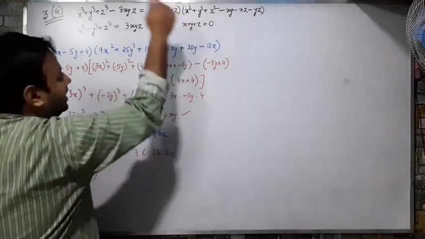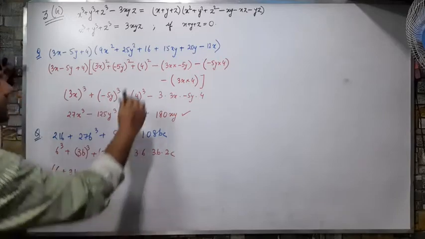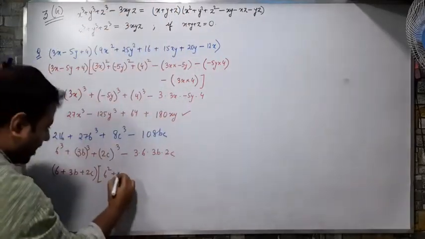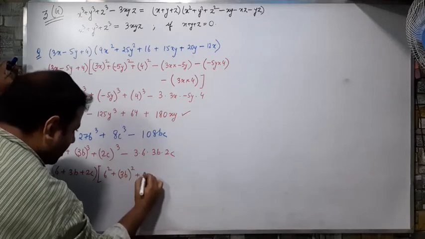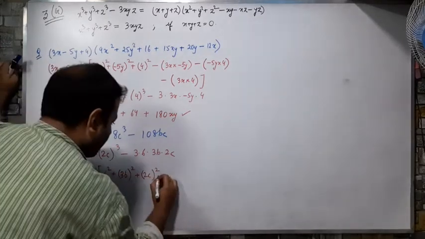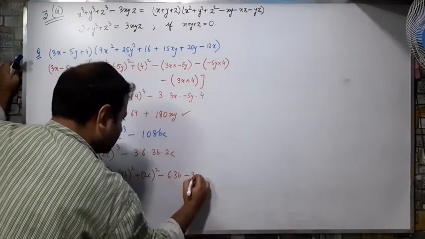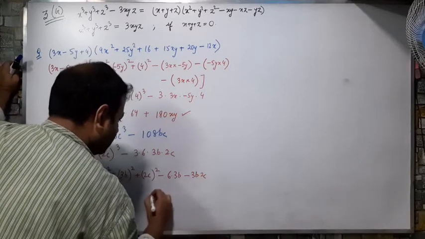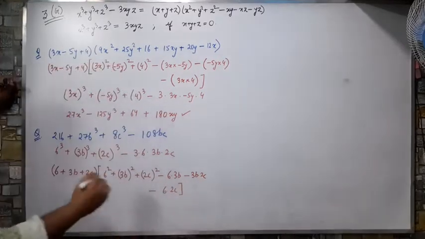Then what am I getting? x square. What is x square? It will be 6 square plus y square. What is y square? 3b's whole square plus 2c's whole square minus 6 into 3b minus 3b into 2c minus 6 into 2c. So what will I get finally?